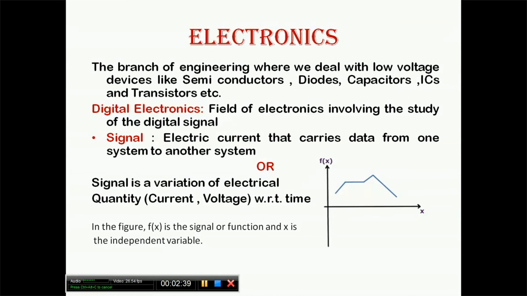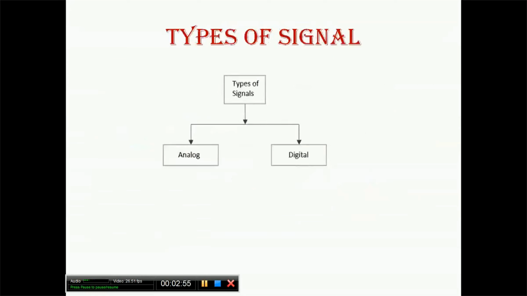We can have the graph of the day temperature at different times of a particular day, or even the population of a particular country in a particular decade, and so on. So this is the variation of an electrical quantity with respect to time.